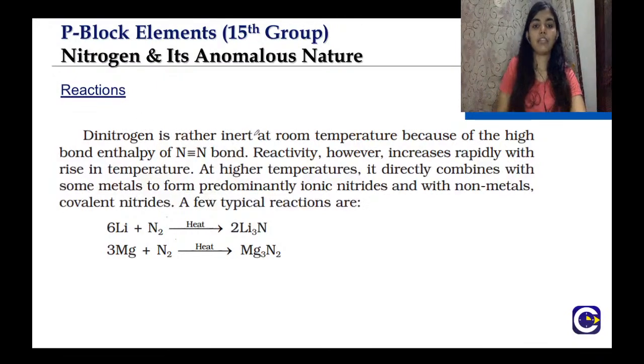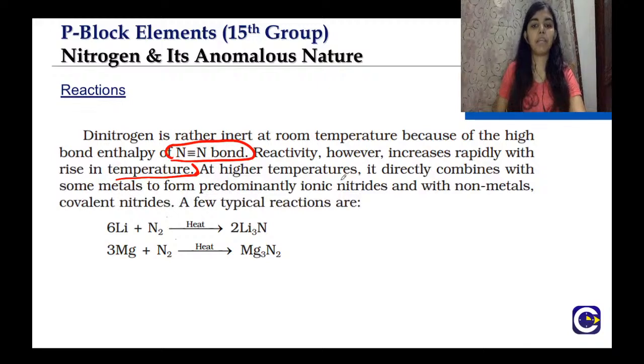Now, dinitrogen is rather inert at room temperature because of the high bond enthalpy of the N2 bond, right? You are already studying that it is very inert, and the bond dissociation enthalpy of the N2 bond is very strong. Reactivity, however, increases rapidly with rise in temperature. So when you increase the temperature, it will start reacting.